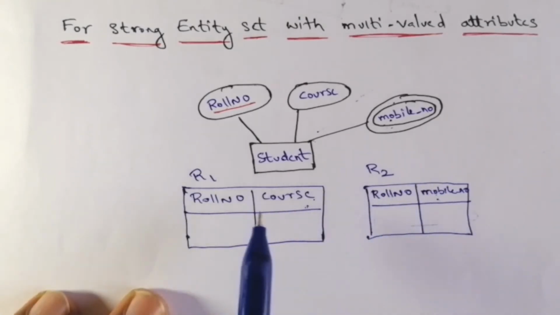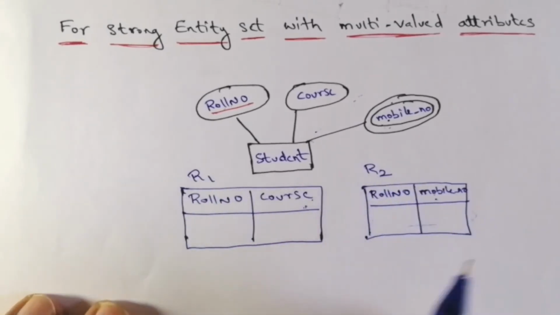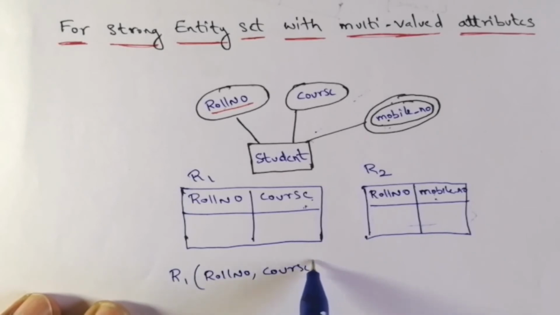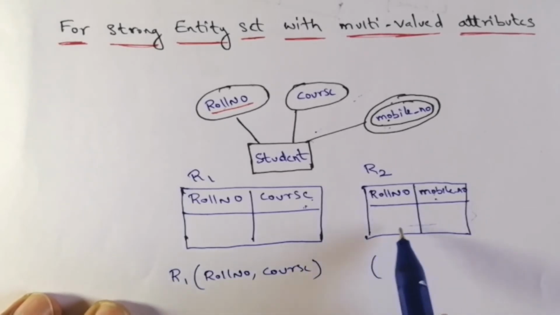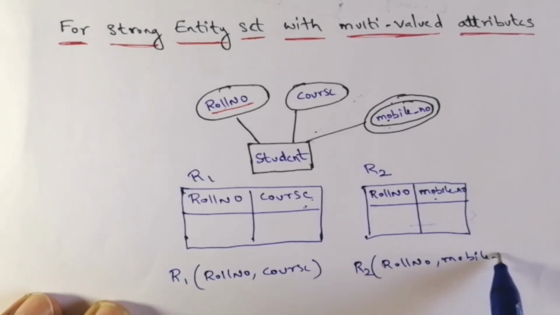Now it is going to have two relations: roll number and course as one relation, and roll number and mobile number as the second relation. So the schema will be R1 roll number, course, and R2 roll number, mobile number.